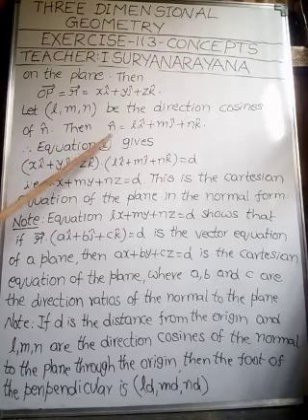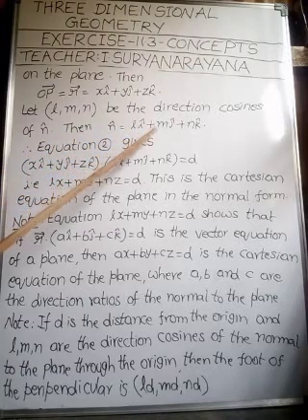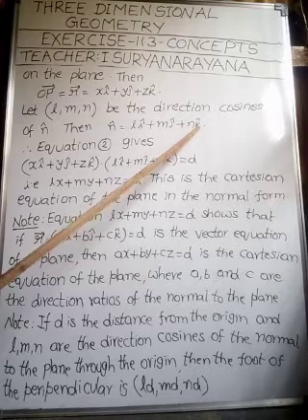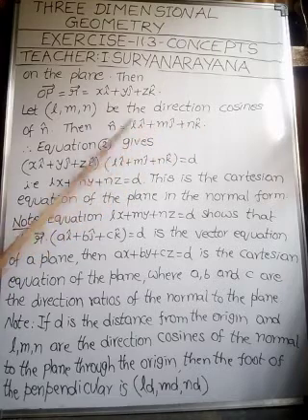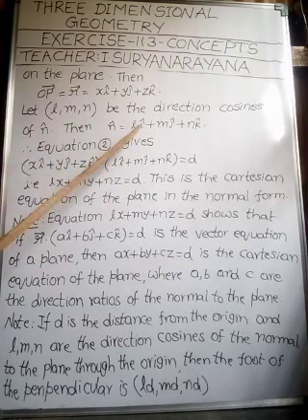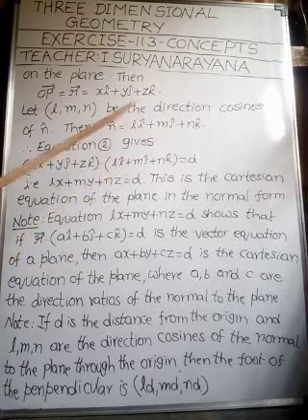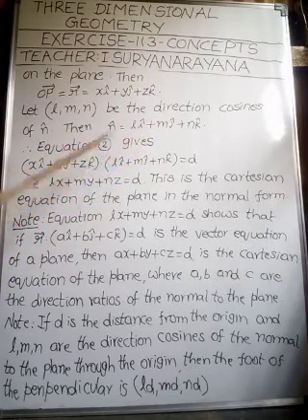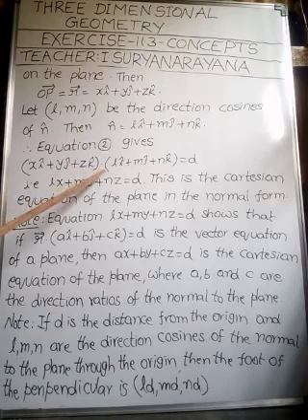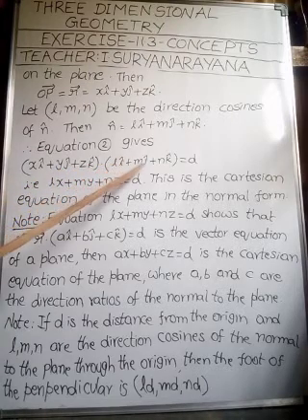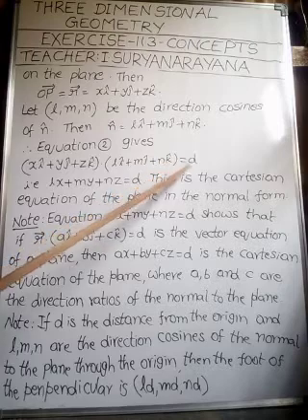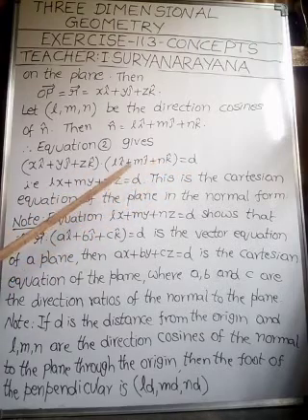Then N cap is equal to l i cap plus m j cap plus n k cap. Yes or no, my children? Can we write this unit vector like this or not? Right. Then equation 2 gives (x i cap plus y j cap plus z k cap) dot (l i cap plus m j cap plus n k cap) is equal to D. Understood this step, my children?